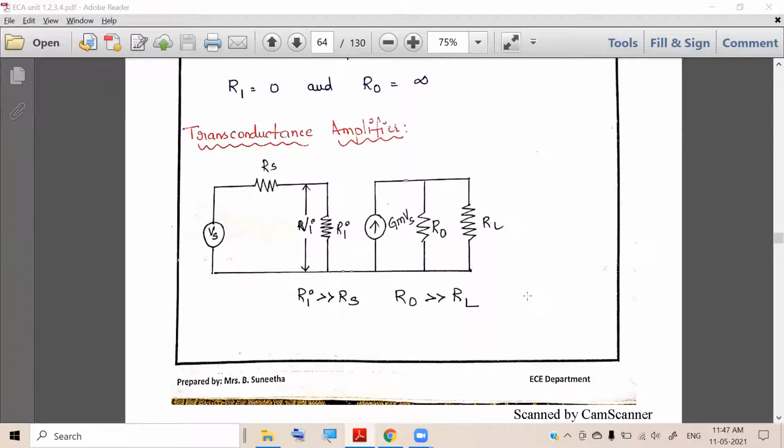Soumya, turn on your mic. Okay, Soumya absent. Banu absent. Navyan.